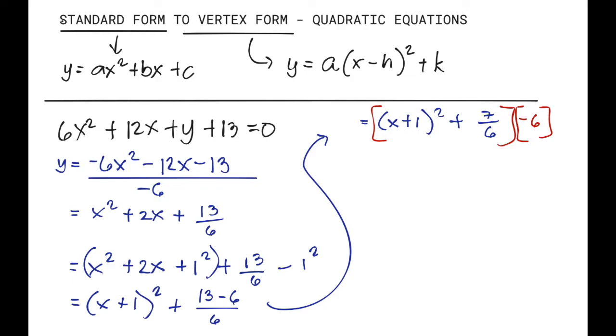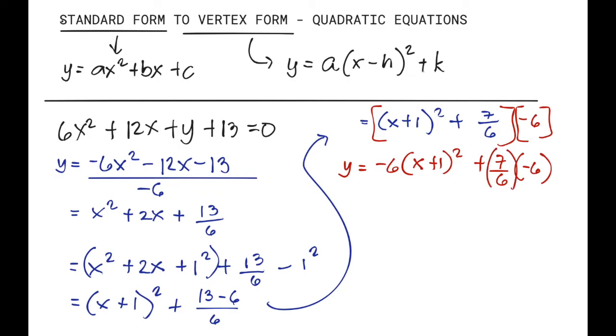So now we have y equals, since we are multiplying negative 6 to this term, negative 6 times x plus 1 squared plus 7 over 6 times negative 6.